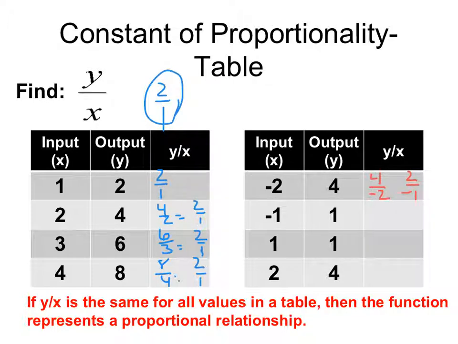For the second one, the ratio of y to x is 1 to negative 1, which can't be simplified. For the third, it's a 1 to 1 ratio. And for the fourth, it's a 4 to 2 ratio, which simplifies to 2 to 1. Because these are all different ratios, this is not a proportional relationship.